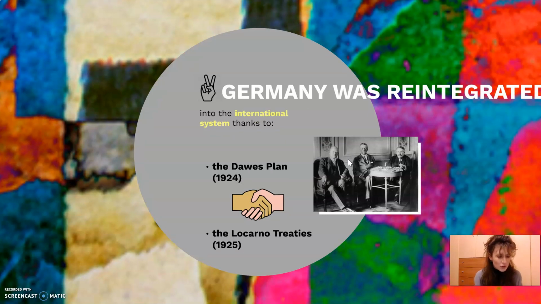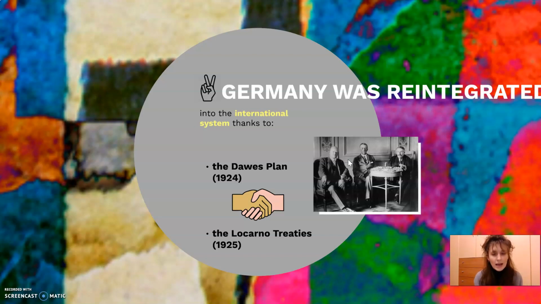Germany was reintegrated into the international system thanks to the Dawes Plan of 1924, which improved relations with the Allies and reduced the burden of reparations. Remember that by the Peace Treaty of Versailles, the treaty that brought the First World War to an end, signed on the 28th June 1919, Germany had to accept complete responsibility for the war.